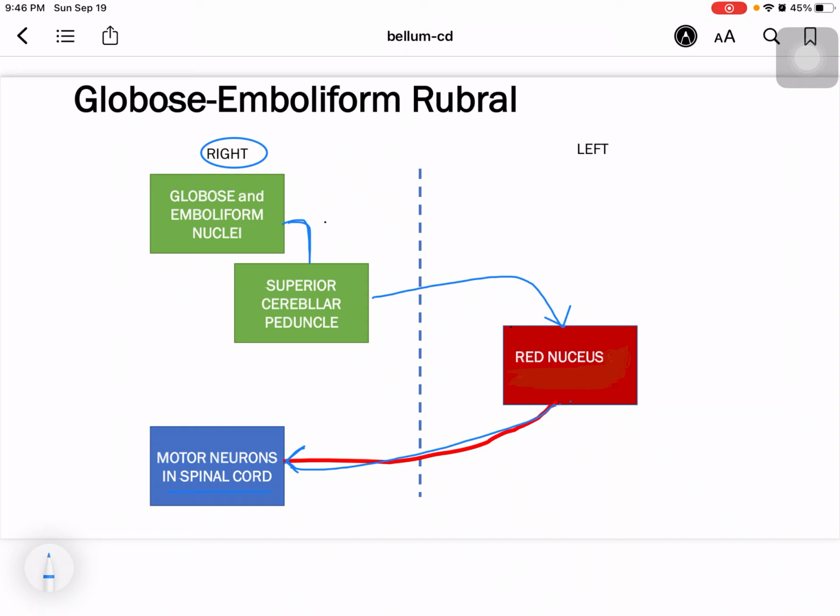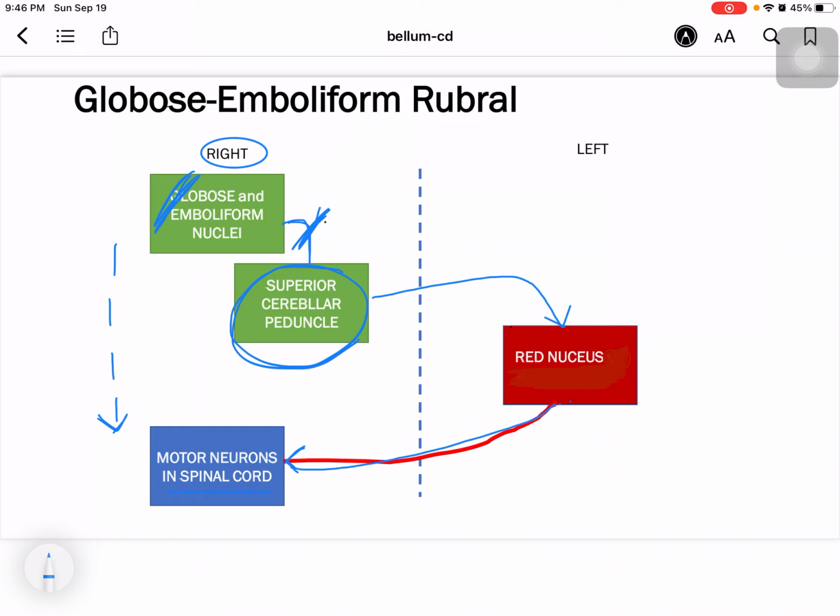If your lesion is above the superior cerebellar peduncle, or in the nuclei itself, your manifestations are ipsilateral, as seen in the case.